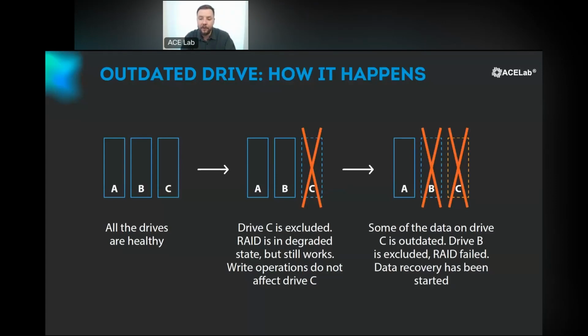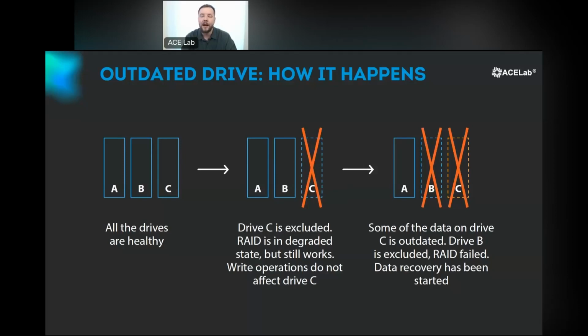So what if you build the RAID configuration with all drives? Of course you will detect drive C, and it may look like a good drive. Why? Because it was in this RAID. It contained the same data distribution, the same data blocks, everything is good.